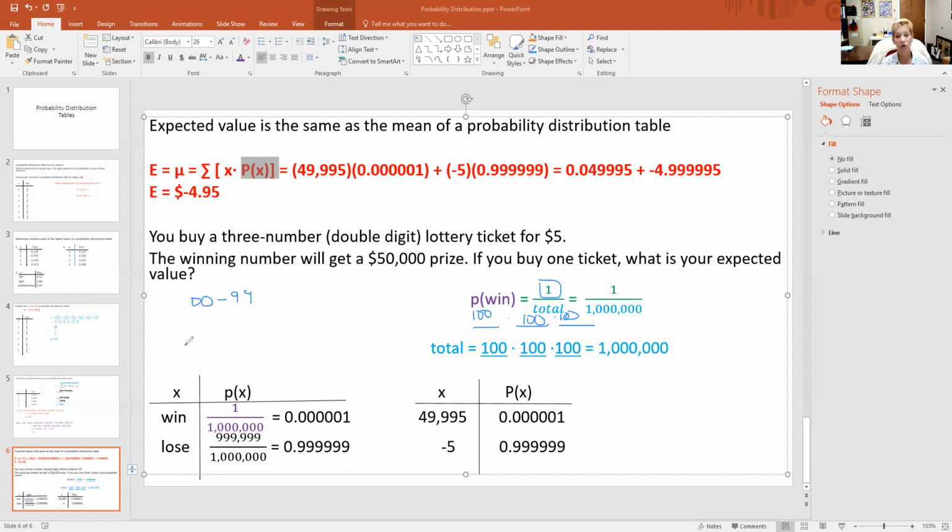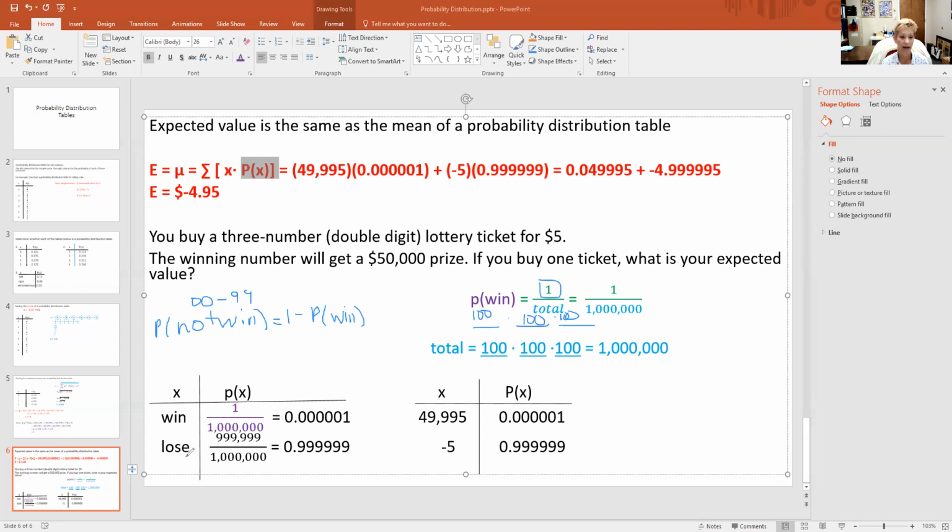Okay, so I've got a 1 out of a million chance. Now remember, either you win or you lose. They're complements of each other. So remember, how do you find complements? The probability that you do not win is going to be 1 minus the probability that you do win. Remember, that's how we do complements. Now, what's the same thing as not winning? Losing.